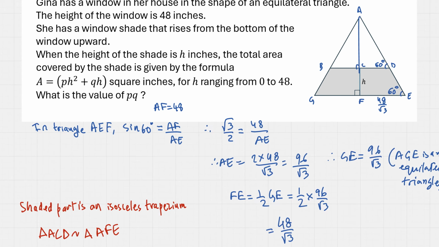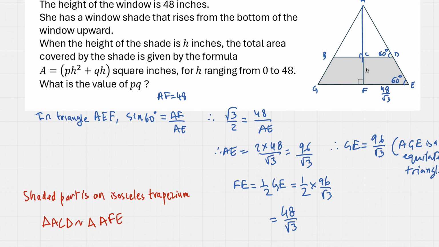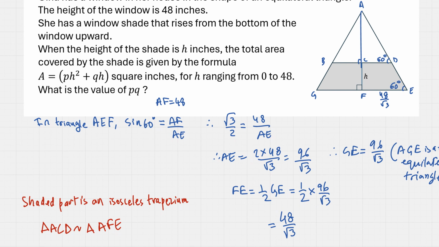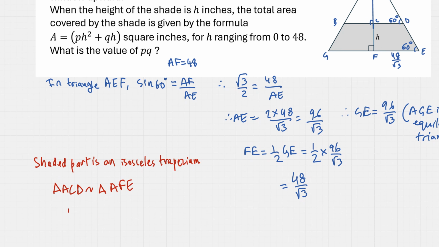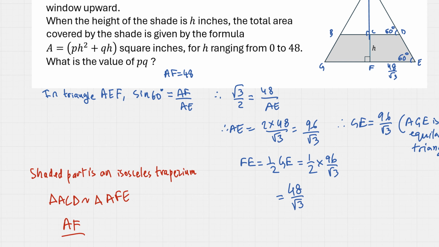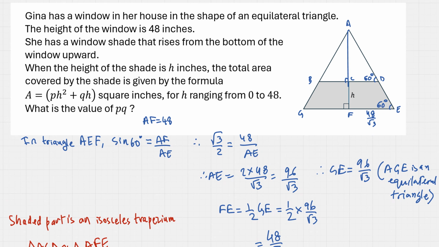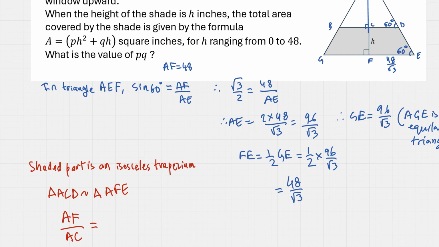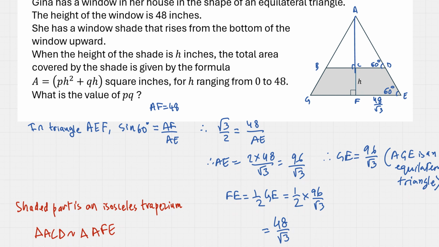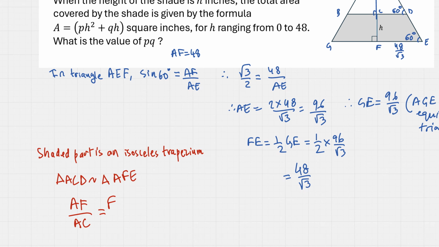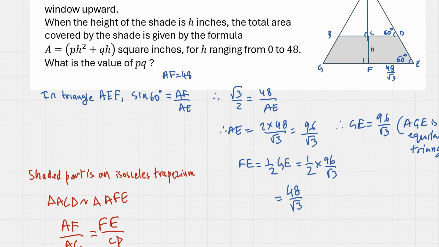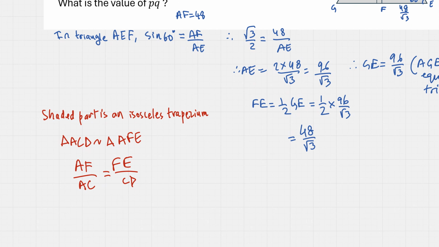If that's the case, then AF over AC is equal to FE over CD. AF we know is 48, over AC.